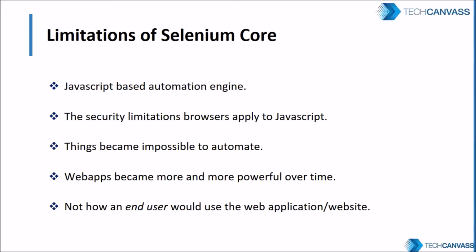Web technology was evolving pretty fast in the first decade of 2000, with new web technologies coming up very frequently, and it was becoming very difficult to automate modern web applications using JavaScript injection or a JavaScript based automation engine.